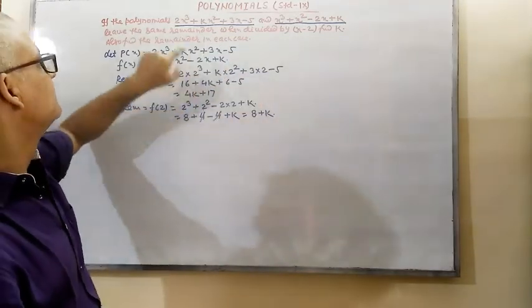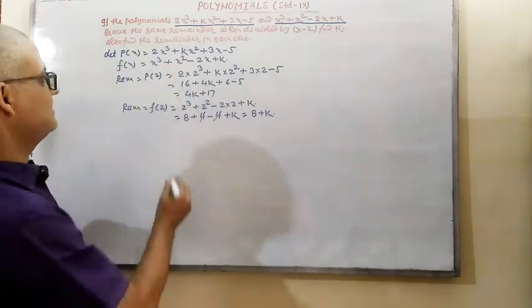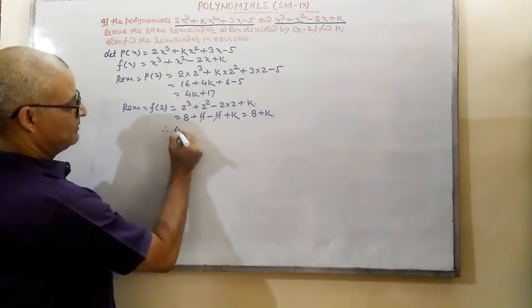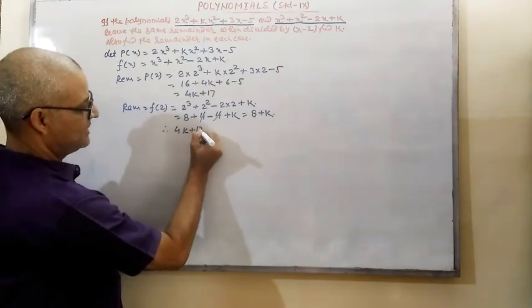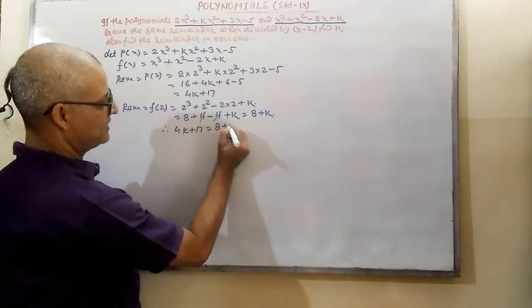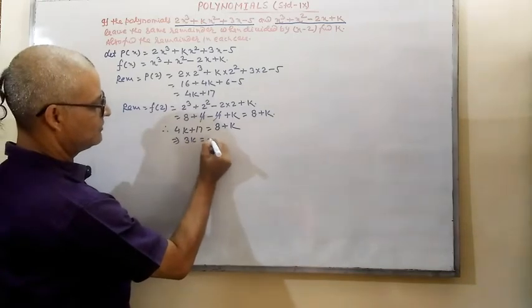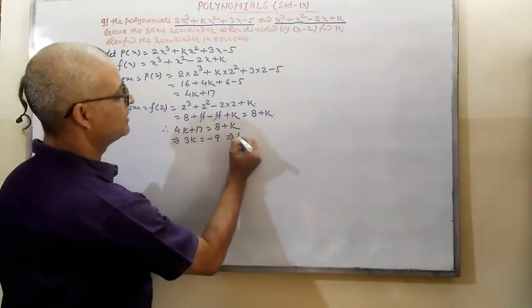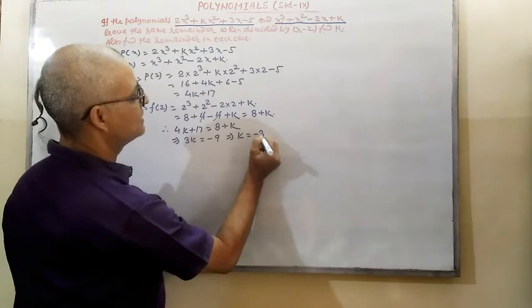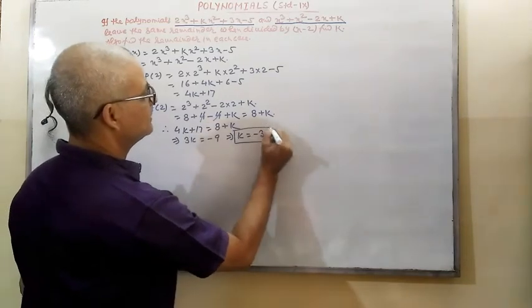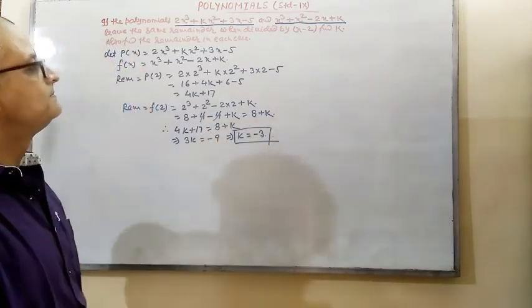According to the question, both the remainders are the same. So therefore, 4k plus 17 is equal to 8 plus k. This implies that 3k is equal to minus 9. So k is equal to minus 3. Now this is the value of k.